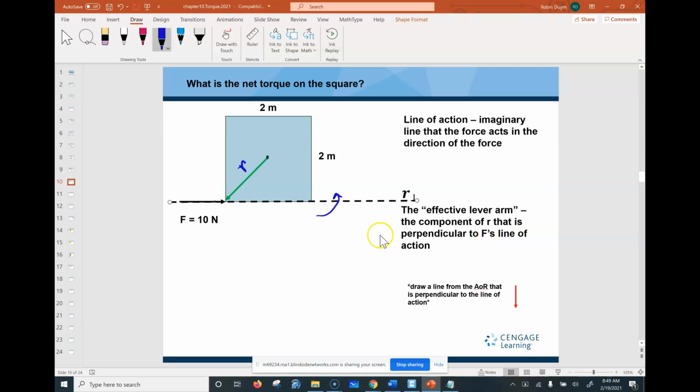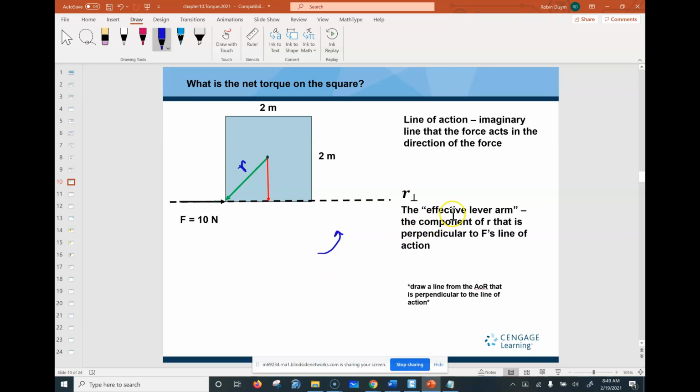You can then, let me get that out of the way, you can then go back, let me shorten him up a bit. There we go. You can then drop your perpendicular from your axis of rotation straight down here.